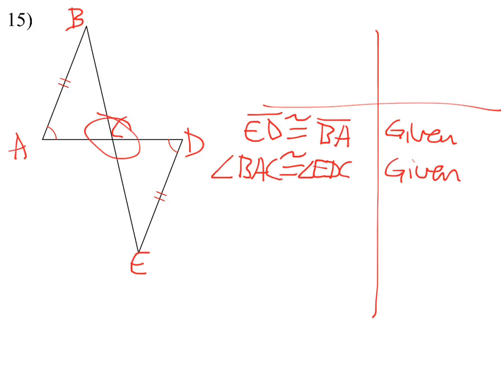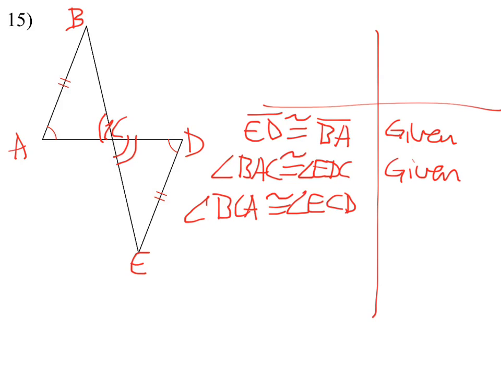And much like the last one, these two angles in the middle are going to be congruent because those are vertical angles. So list angle BCA is congruent to angle ECD, and that's because those are vertical angles. Yeah, I think I could write legibly. Apparently not.